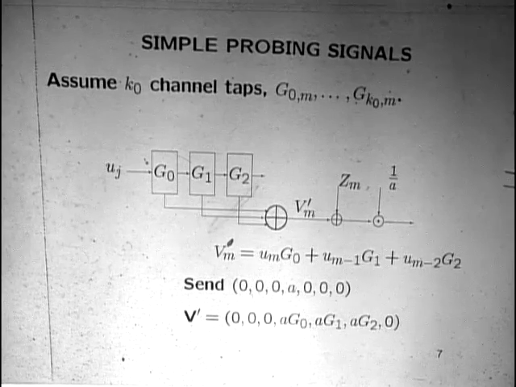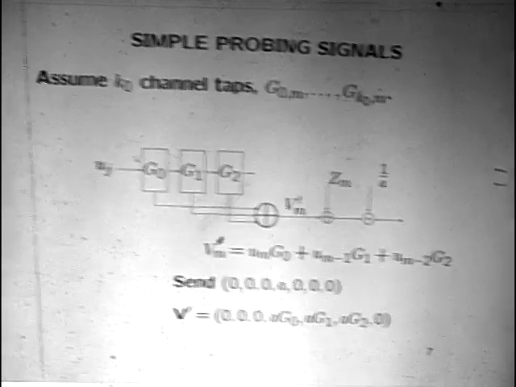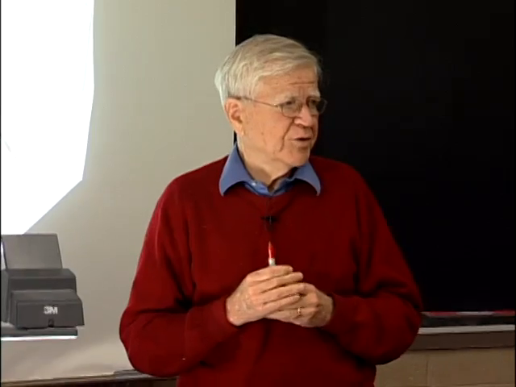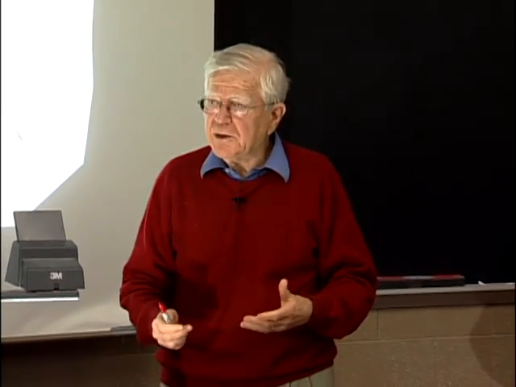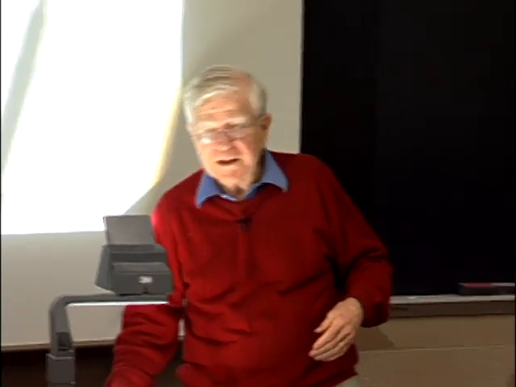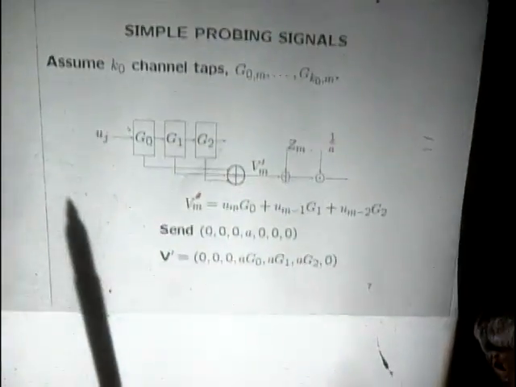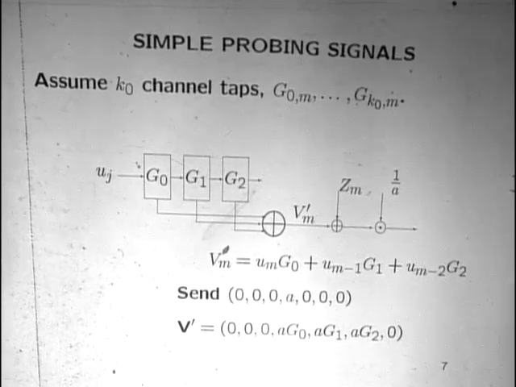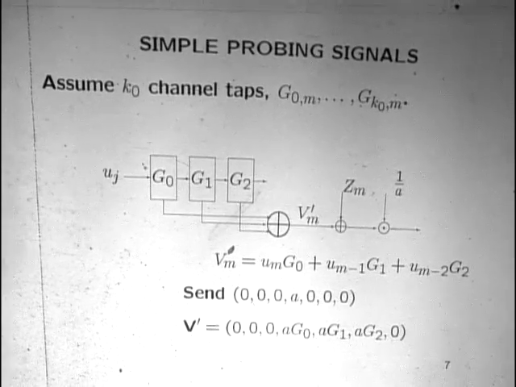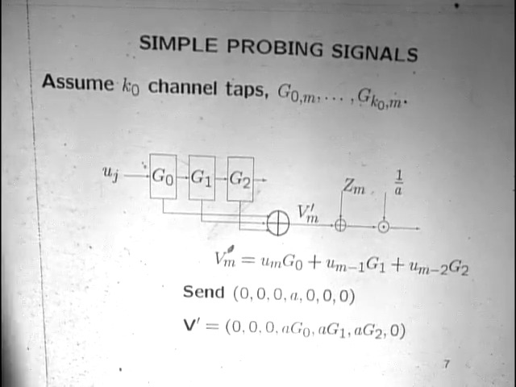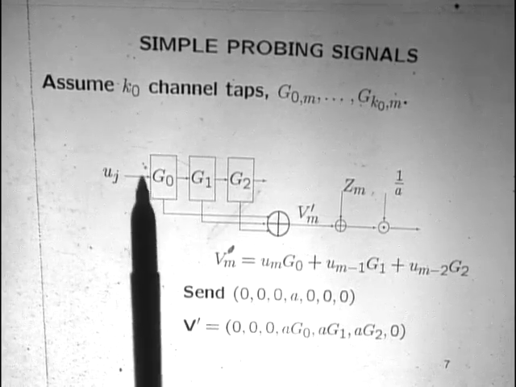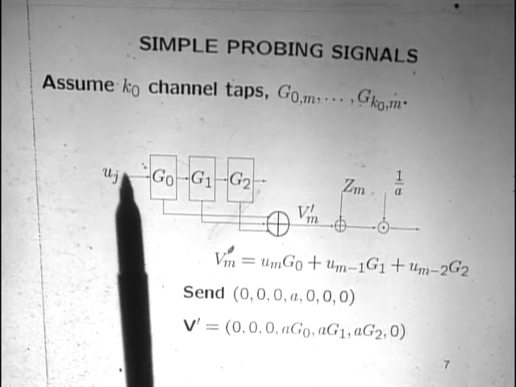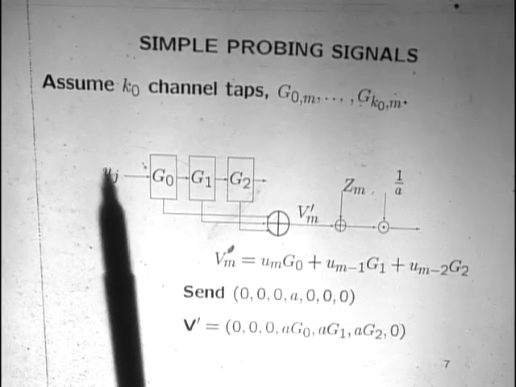Maximum likelihood estimation is exactly the same as maximum likelihood detection. Namely, you look at the likelihoods, which are the probabilities of the outputs given the inputs. And what's the input in this problem? The input is these channel variables, because that's the thing we're trying to measure in this measurement problem.